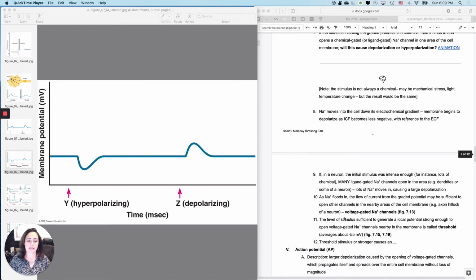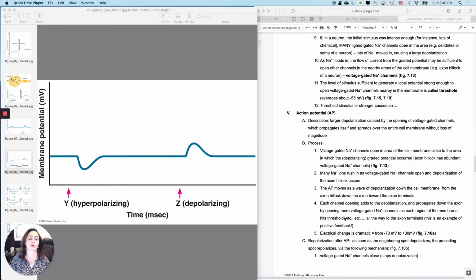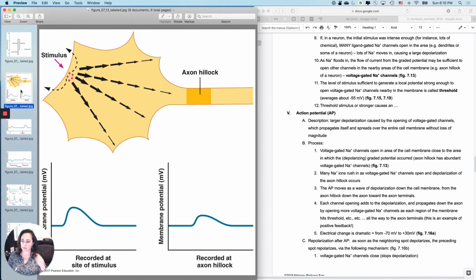Now, this can lead to the next thing, which is the hard part to teach. If this were in a neuron, and the initial stimulus was intense enough, like lots of chemical binding to lots of ligand-gated sodium channels over here, then lots of sodium moves in. It causes a big depolarization. What do I mean by a big depolarization?